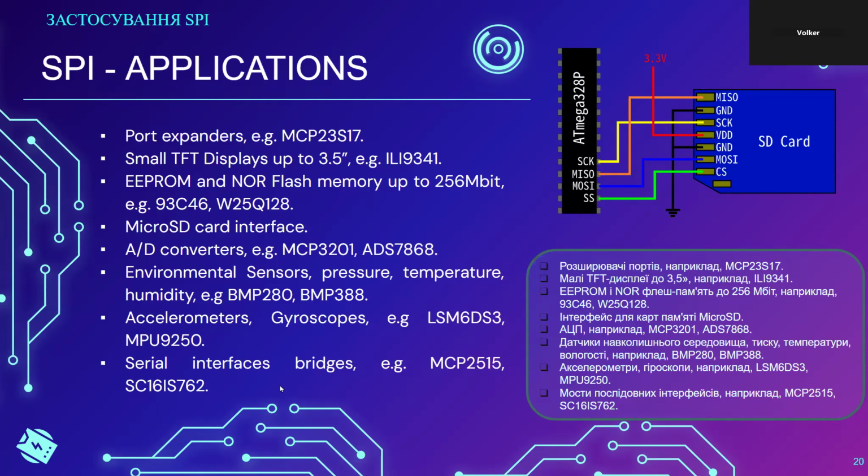There are SPI A to D converters, and I've already mentioned the possibility of using an isolated SPI interface to read analog voltages that need to be isolated from the system ground. There are environmental pressure sensors and temperature sensors, BMP280, 388, for example.